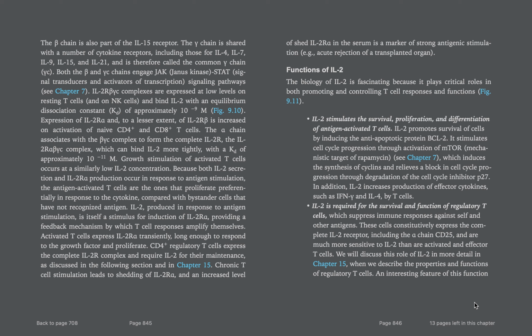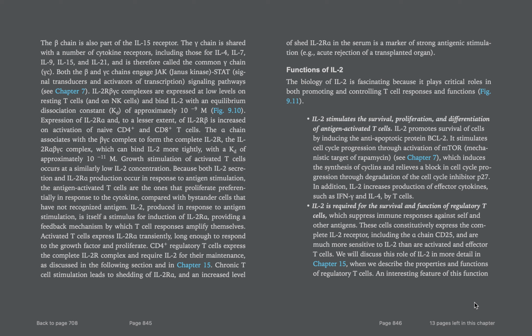Interleukin-2 receptor beta gamma C complexes are expressed at low levels on resting T cells and on natural killer cells, and bind to interleukin-2 with an equilibrium dissociation constant of approximately 10 to the power negative 9.